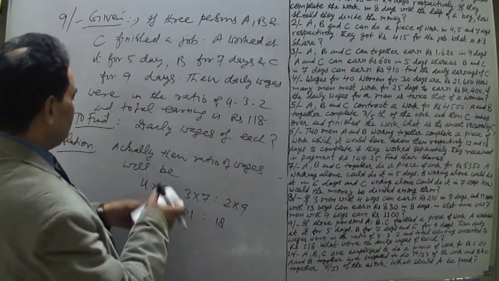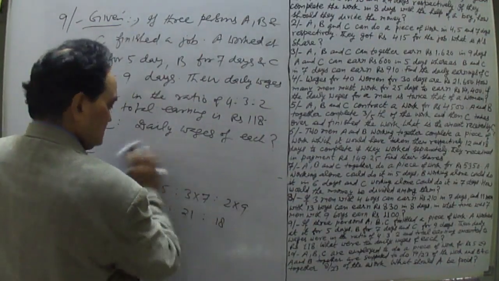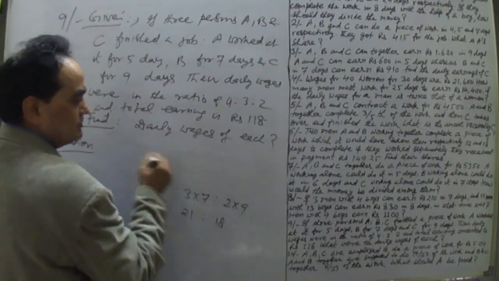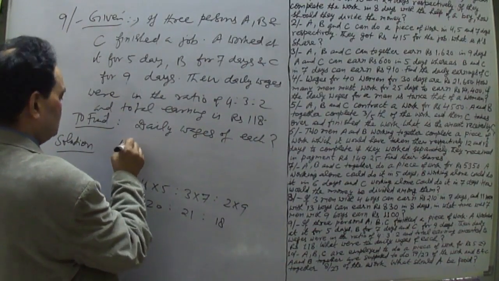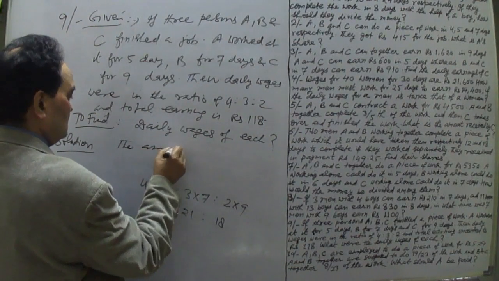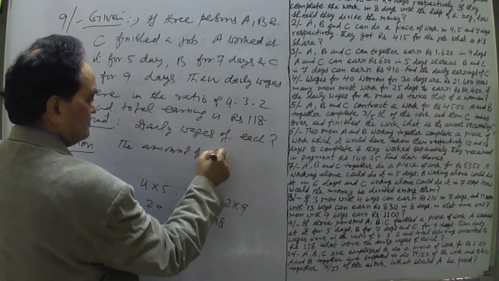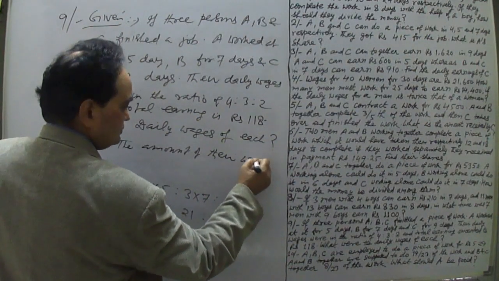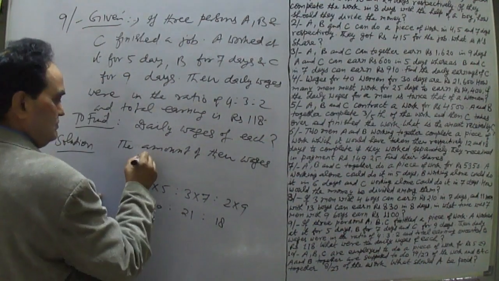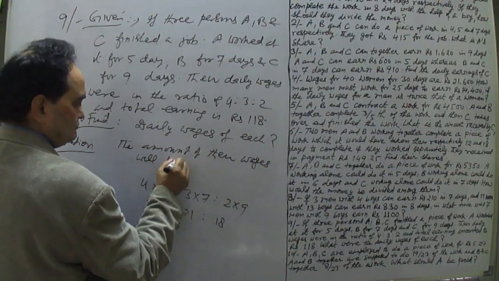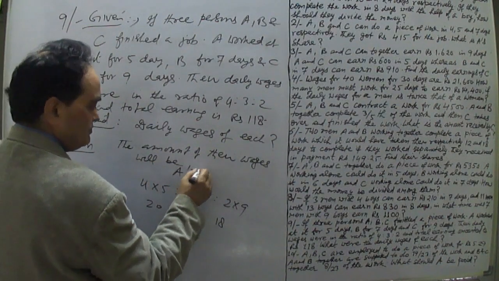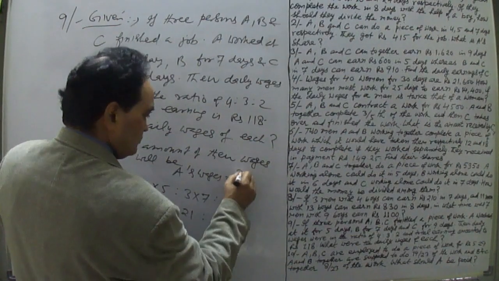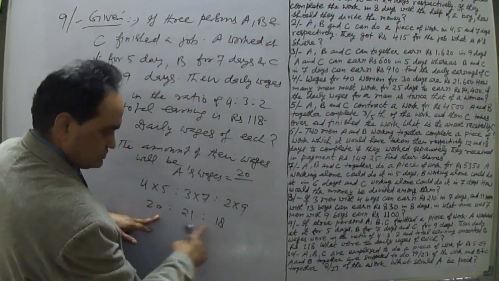Now let me add them and find their shares. A's wages equal to 20 upon the sum of the ratios.